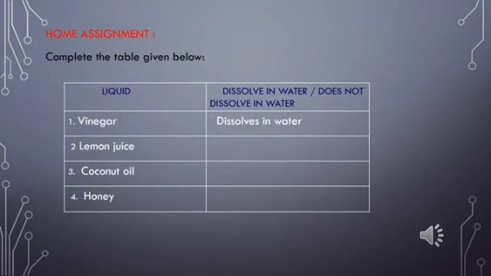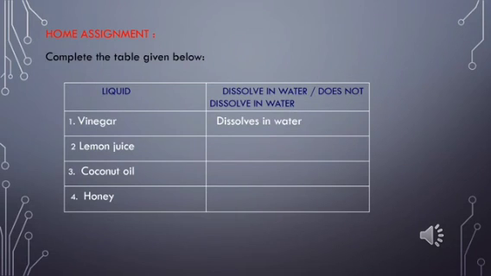Home assignment: complete the table given below. A list of liquids is given and you are going to write whether they dissolve in water or not. The first liquid is vinegar. The answer is already provided: dissolves in water.